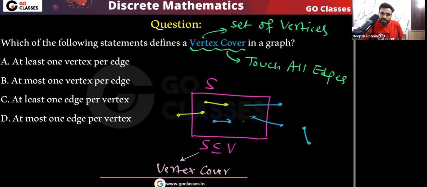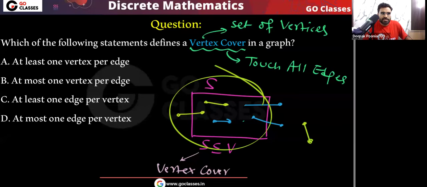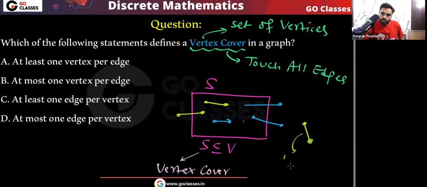So remember, this type of edge we cannot have: an edge whose both endpoints are out of this S. Okay, this type of edge is not possible. Why is this edge not possible? Because we are saying that S is a vertex cover, so it is covering all the edges.